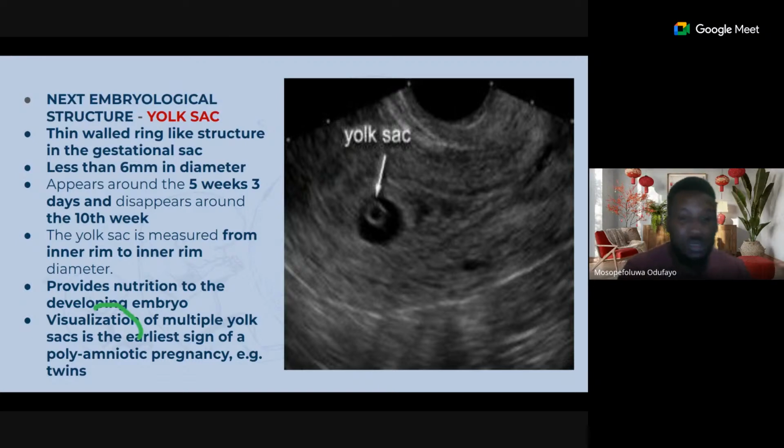Except probably you don't want to inconvenience yourself by doing a TVS. But ideally, around that 4 weeks and 3 days, just a few days, 1 to 2 to 3 or 4 days after the last menstrual period, what you need to find is the intradecidual sac sign. And you know that that's pretty small.